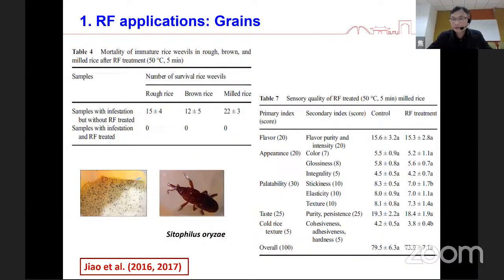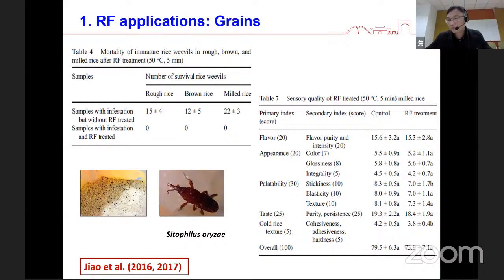Actually, besides this, we also did another thing. Besides killing insects, we can also use this technology to dry the grains. What we really want is to use this technology to not only kill the insects, but also reduce part of the moisture, right?